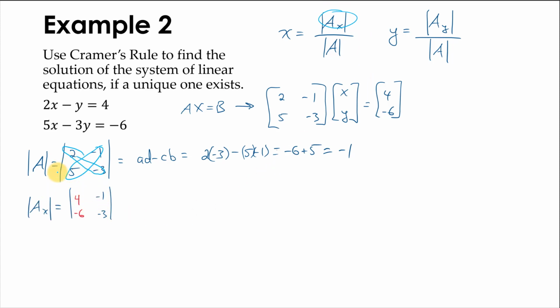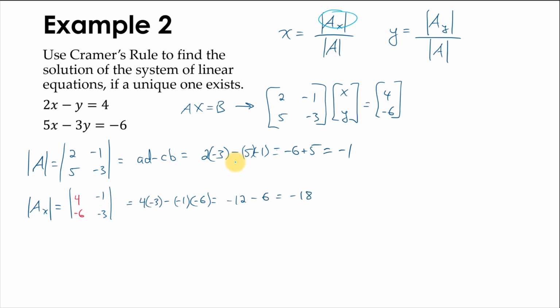I have my same A matrix, except now instead of a 2 and a 5, I've got this 4 and -6 in my first column. I've replaced my 2 and my 5 with my constants 4 and -6, and the rest of the matrix stays the same. Now I do the same thing to find the determinant, AD minus CB, and that's going to give me -18.